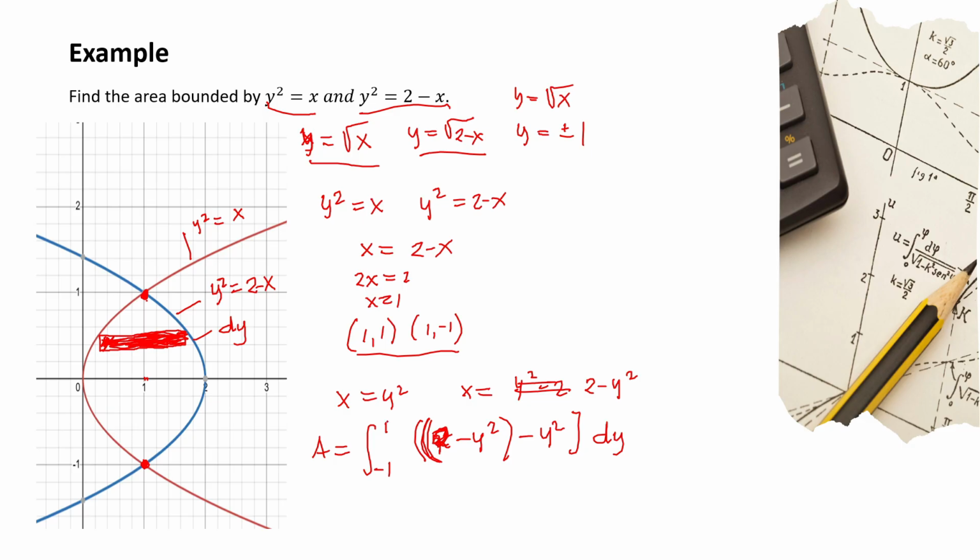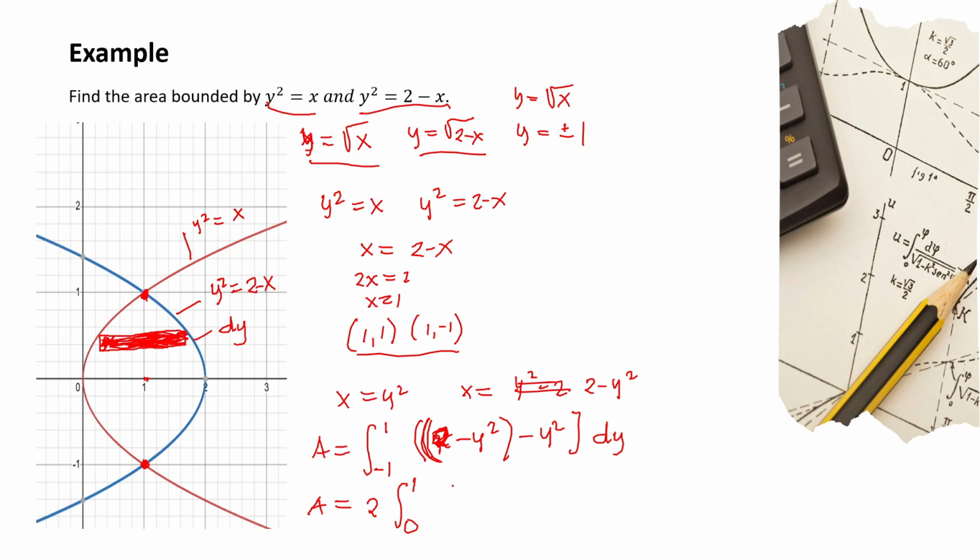Since area is equal to negative 1 to 1, by the property of the definite integral, we could multiply by the integral from 0 to 1, because this is just a reflection here.